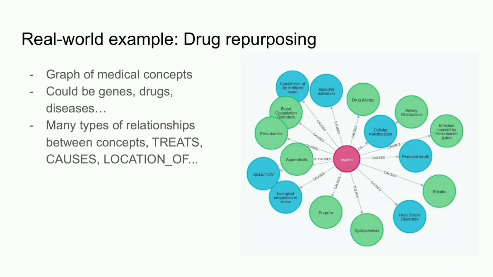So now we're gonna look at a real-world example of using the information extraction pipeline for drug repurposing. Basically, you need a knowledge graph with medical concepts. You can have many types of nodes, like genes, drugs, diseases, or other types of nodes.